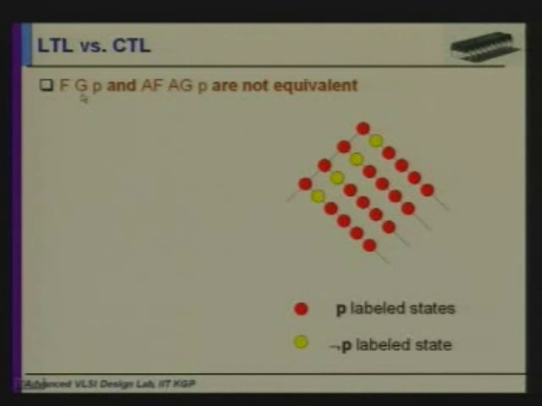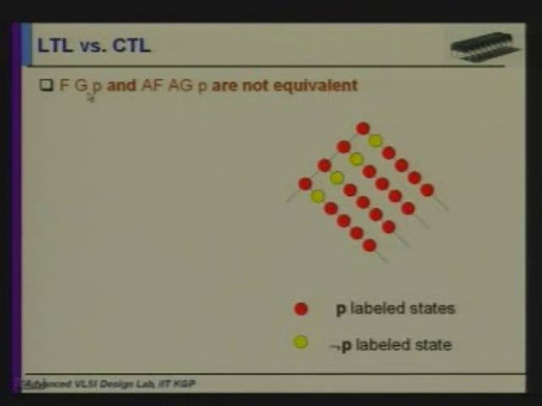Now here is the example where these two logics differ, like future global P and always future always global P. Now on this implementation, we can see that this future global P is true, but always future always global P is not true. Let us see why.